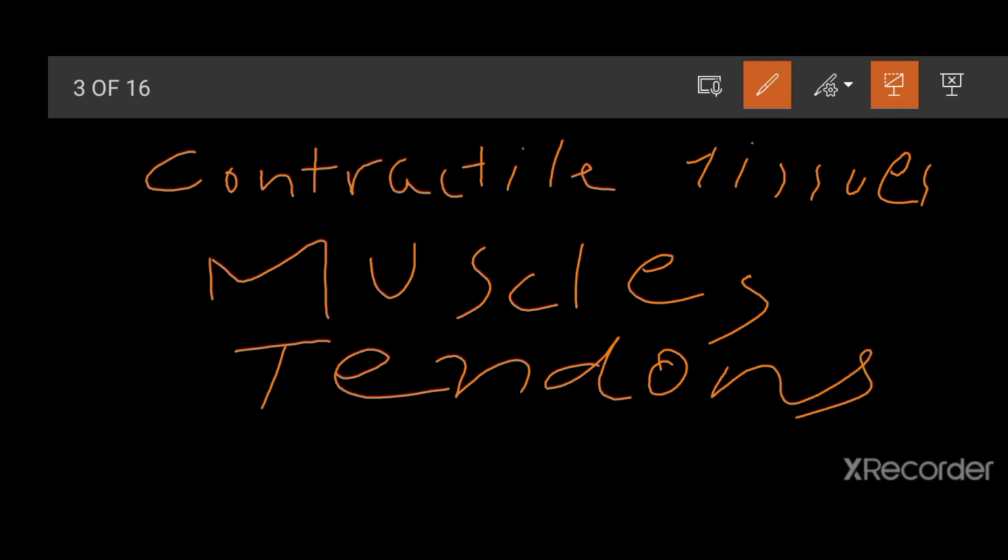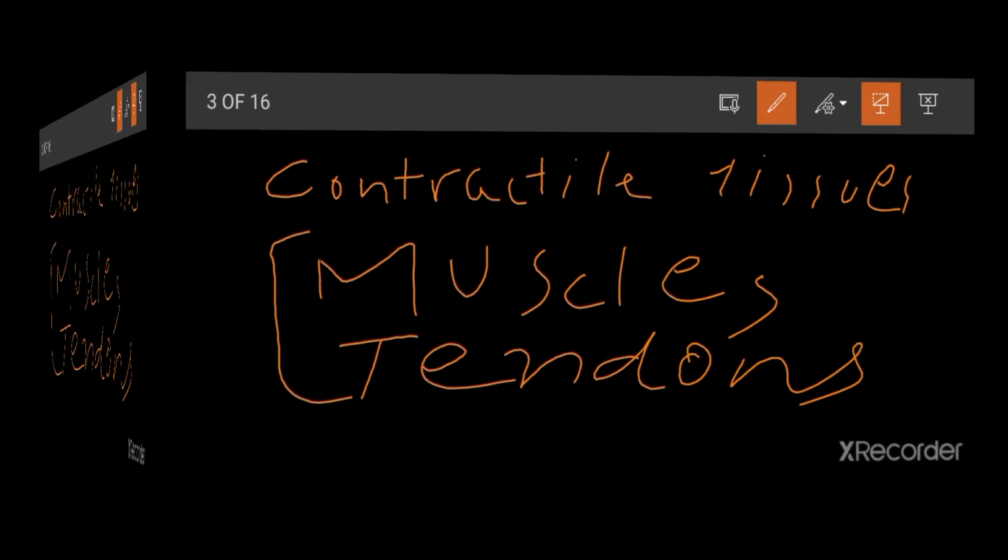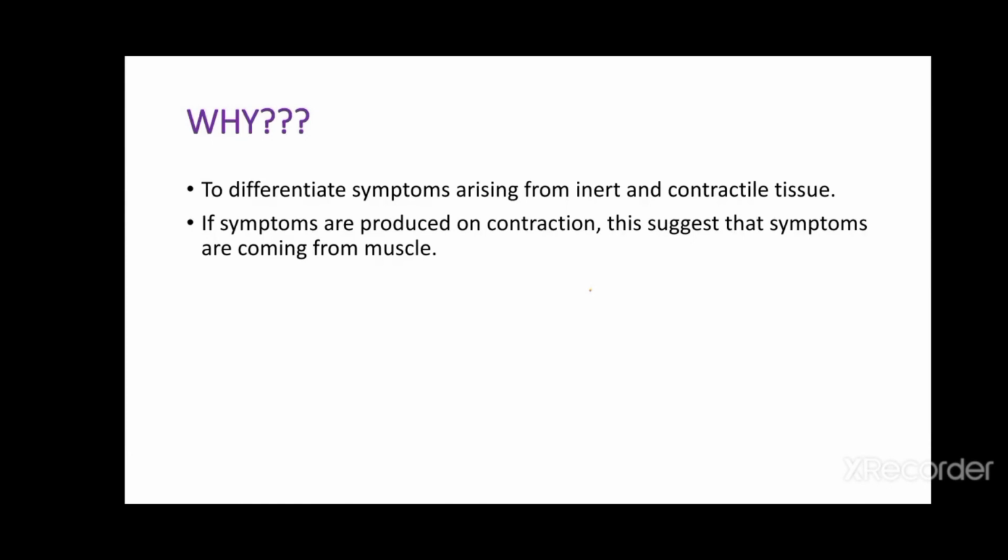So, resisted isometric muscle testing is used to check the dysfunction in muscle or the tendons. If the symptoms are produced during the resisted isometric muscle testing, it means the problem is coming from the muscle or the tendons, the contractile tissue.